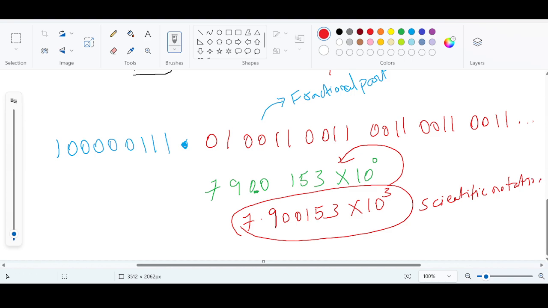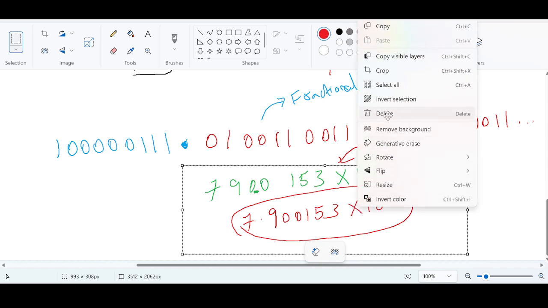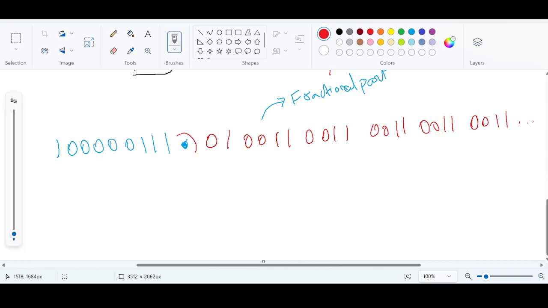Likewise, when you want to represent the binary number in scientific notation, I have taken the decimal number only as an example. For the binary number, you do the same thing. The actual point is here.